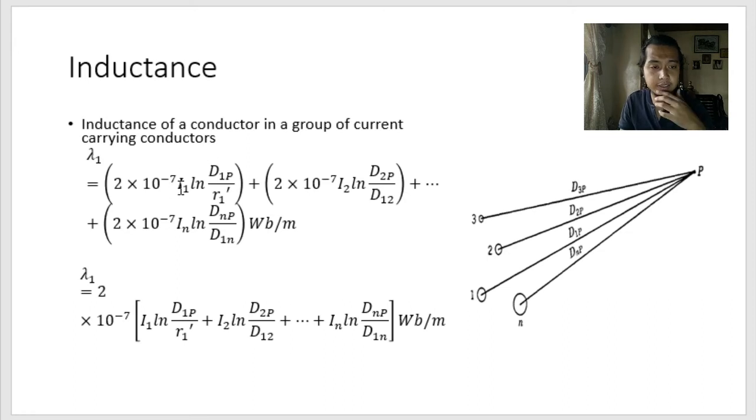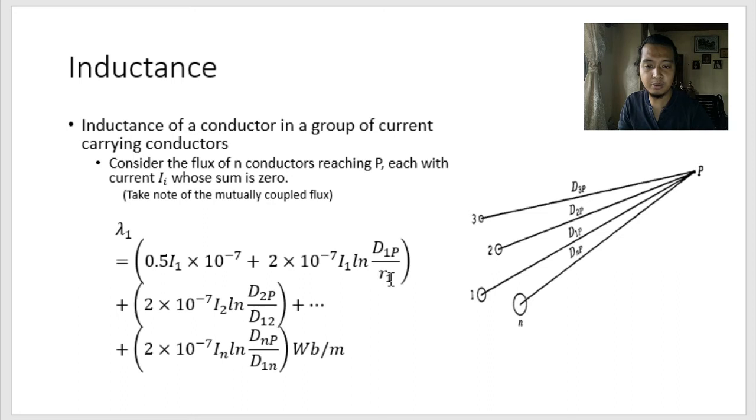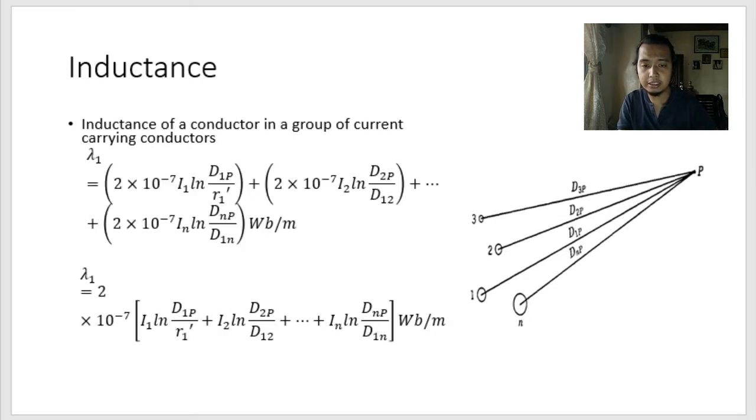As you can see, we don't have an over 4 here, but what happens is you have an R1 prime here versus an R1 here. So what happened there, excuse me, your over 4 here is integrated within your ln. So it enters the ln. So this R1 prime is actually R1 raised to negative 1/4.